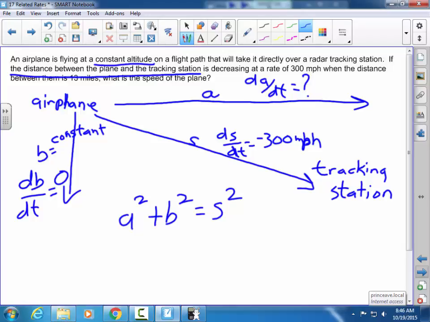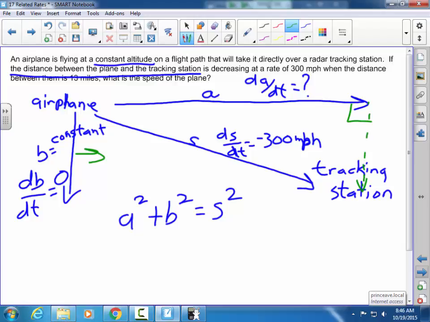Do y'all see that? Because if B is a constant number, then I could take this line segment right here and move it over here, and now I've got a right triangle, okay? We could think vectors too, but we don't say vectors in here very often. So A squared plus B squared equals S squared.